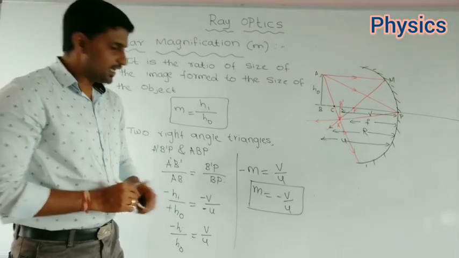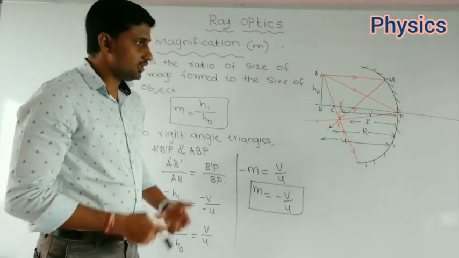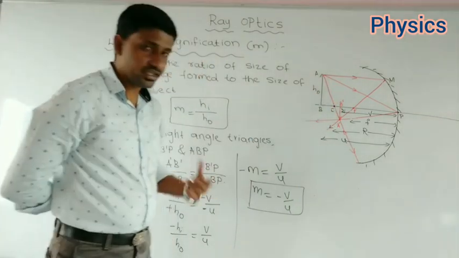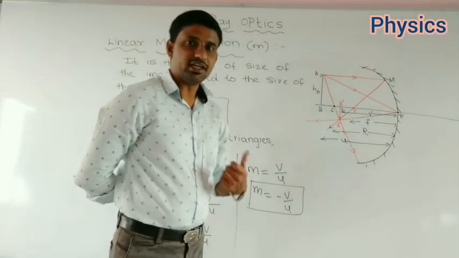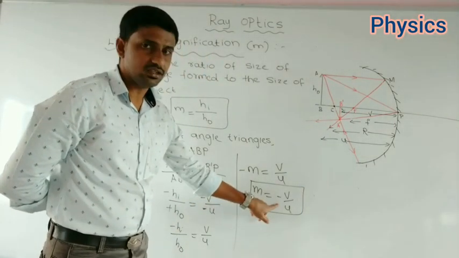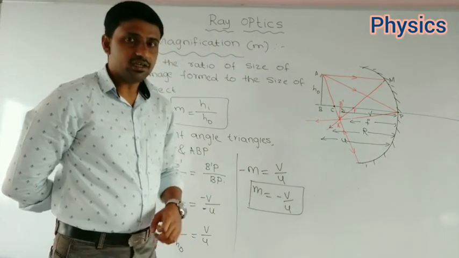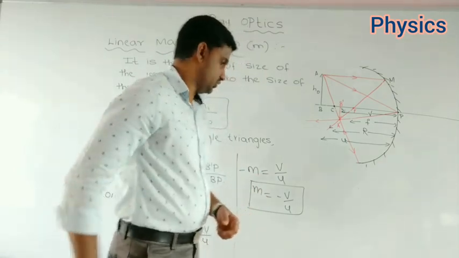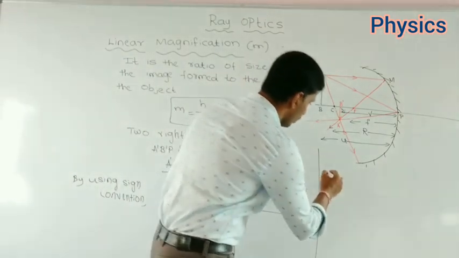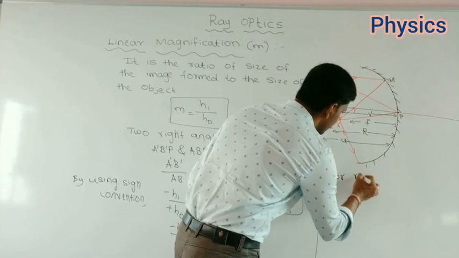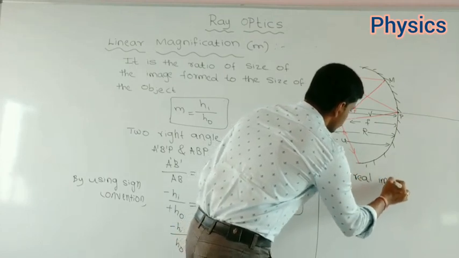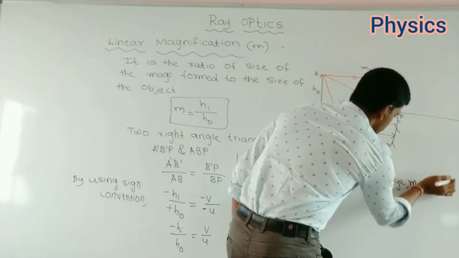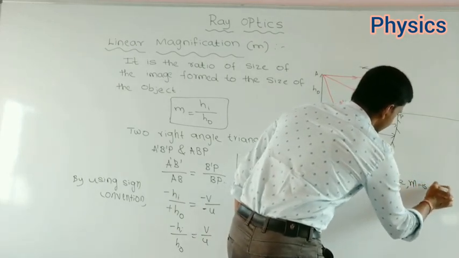Here I am getting a negative sign, so in this case the image is real. When we are getting a real image, the linear magnification is negative. When we are getting a virtual image, the linear magnification is positive. So I can write, for a real image, linear magnification is negative.